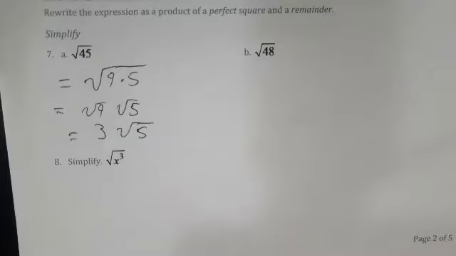Okay, so the next number we want to do is 48. So similarly, we want to do the prime factorization of 48. So do a tree, do the prime factorization of 48.